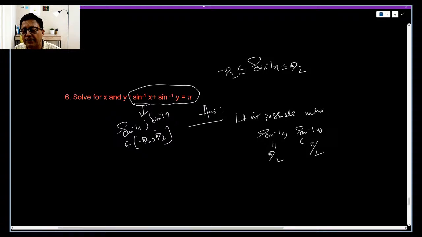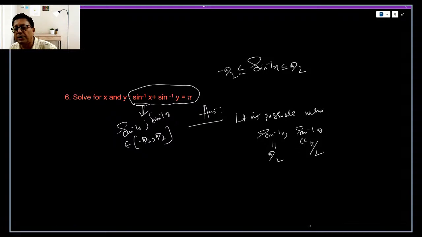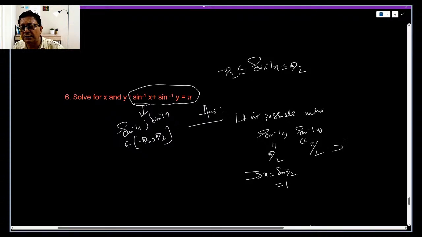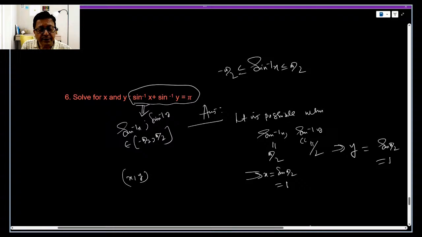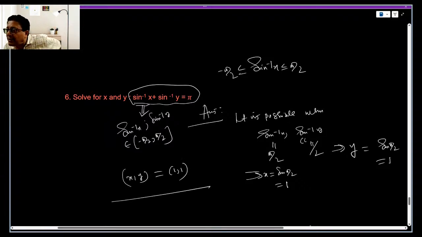Both are equal to pi by 2. So this implies x equal to sine pi by 2, that is 1. This implies y equal to sine pi by 2, that is 1. So solving the equation, x, y is going to be equal to 1, 1. Am I correct? You understand?